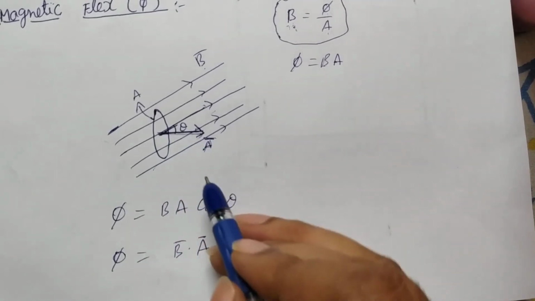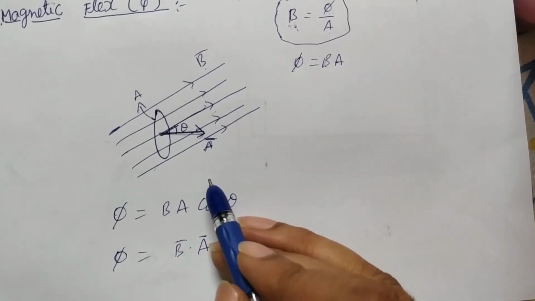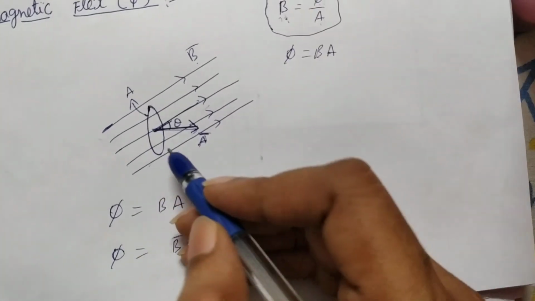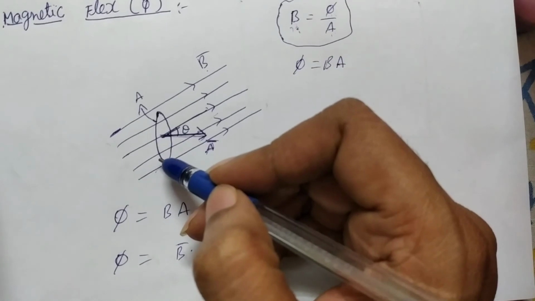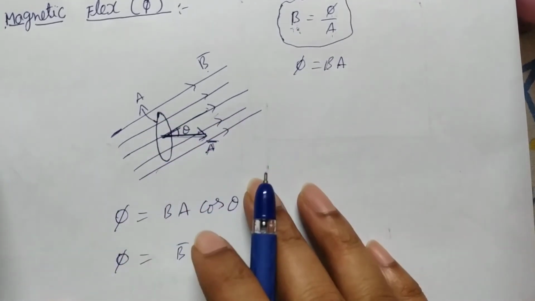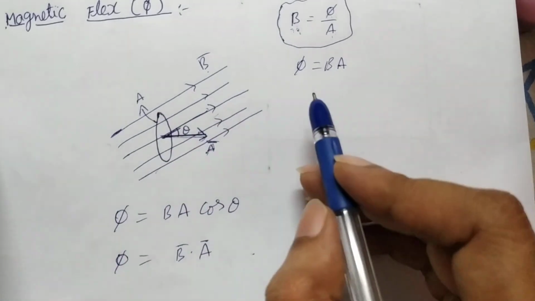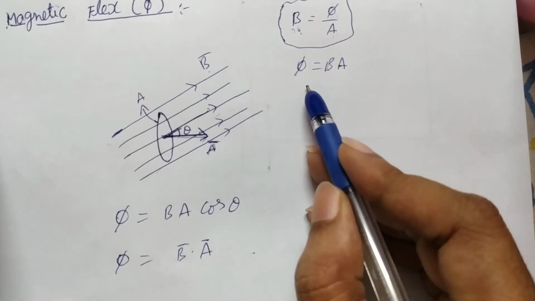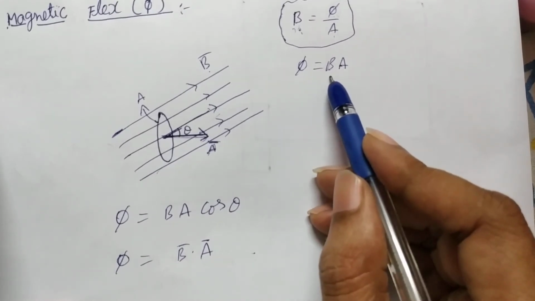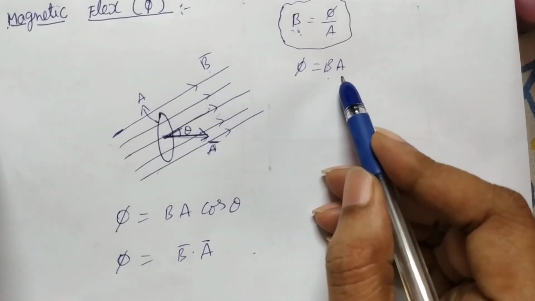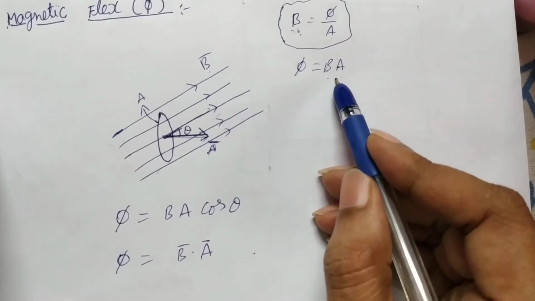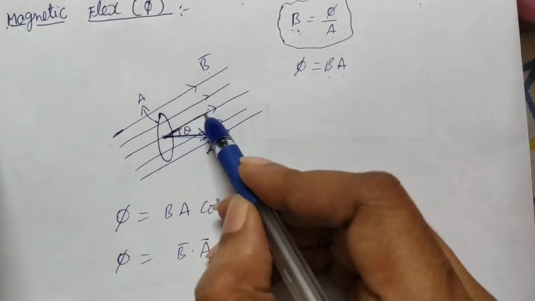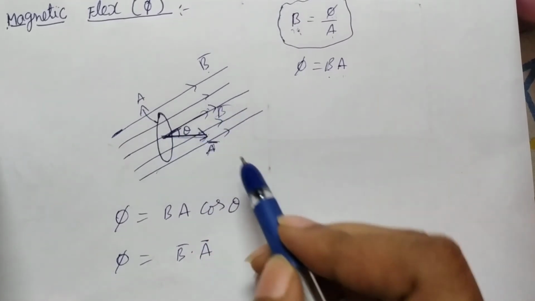Now how much flux is passing through this? Suppose if this surface is like this, vertical, we can say maximum flux is passing. Suppose if it is like this, no flux is passing. That means the flux passing through an area depends upon the magnetic field induction there, and the area of the plane also, and another factor also depends. That is the alignment between B bar and A bar.